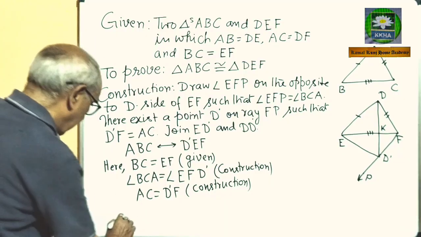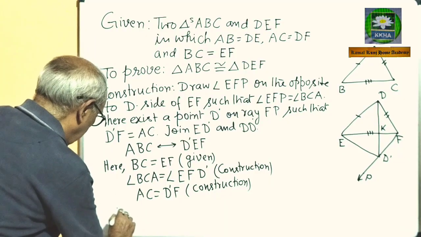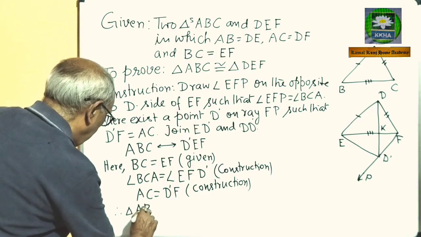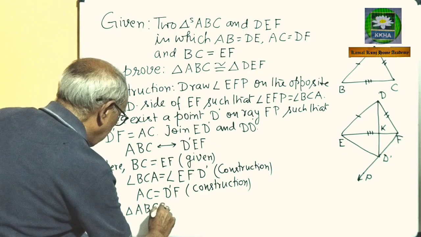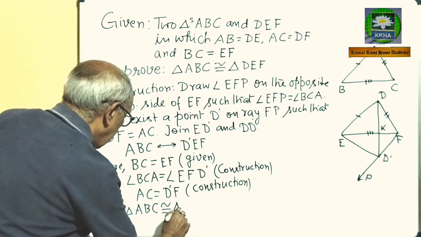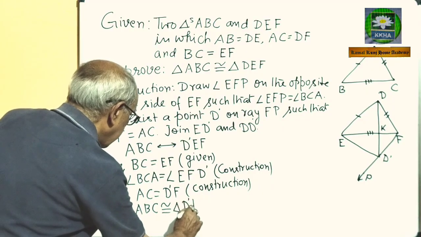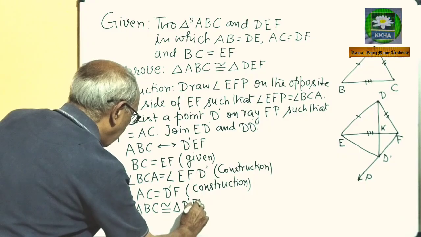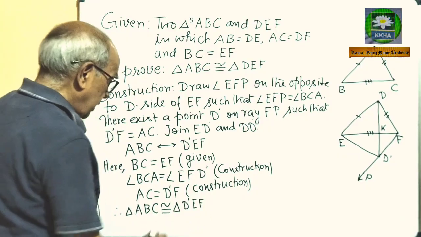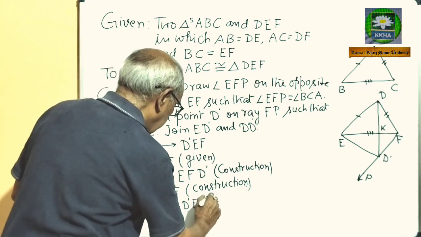Therefore, triangle ABC is congruent to triangle D dash EF by side angle side postulate.